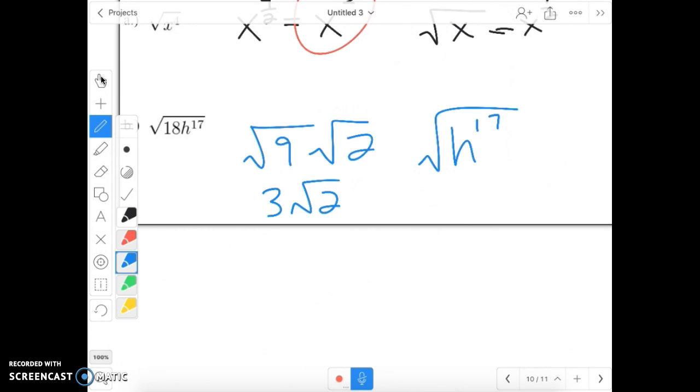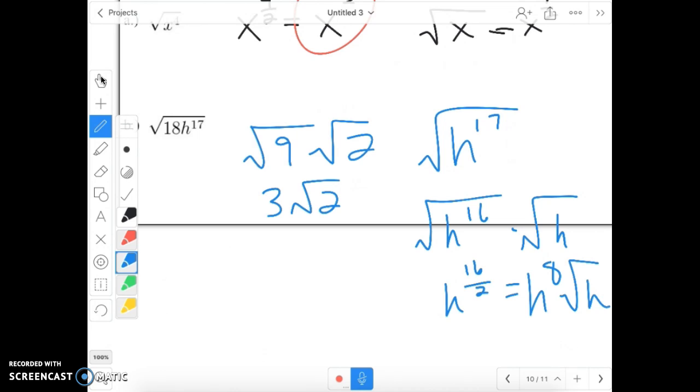So that would be 1 less, or the square root of h to the 16th times the square root of h. So the square root of h to the 16th can be h to the 16th over 2, which equals h to the 8th square root of h. Now I can simplify everything that's outside and everything that's underneath. So this final answer can be 3h to the 8th square root of 2h.